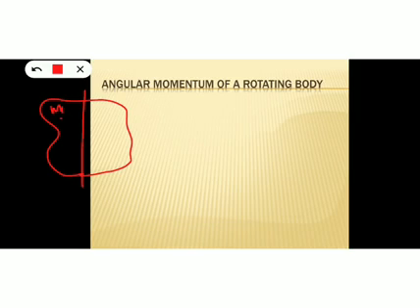Let the mass of that particle be m1, and let its distance from the axis of rotation be r1. Consider another particle here. Let its mass be m2, and let its distance from the axis of rotation be r2.